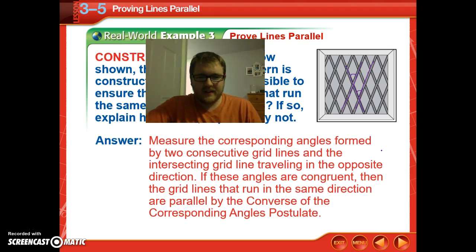And if they are congruent, just by our converse of the corresponding angles postulate, we should be able to prove that those are parallel lines. So in other words, we know that we can measure the distance between two spots, but this is also another way to ensure that those lines are parallel.